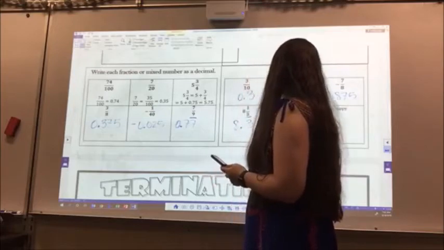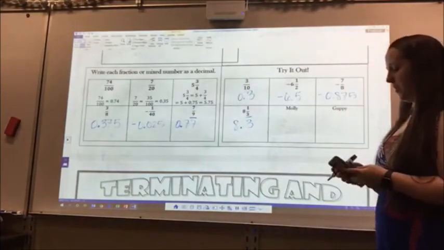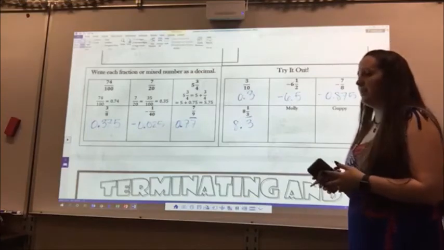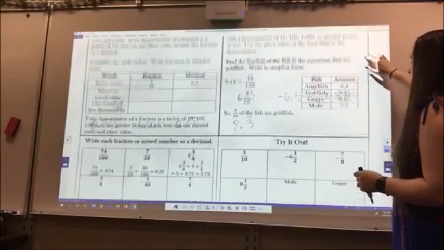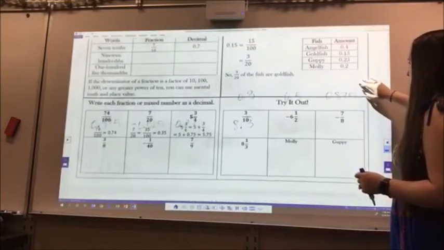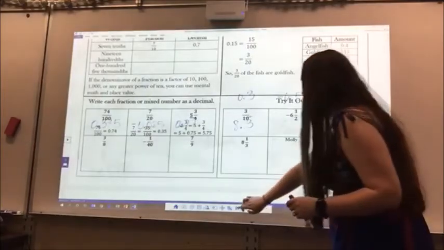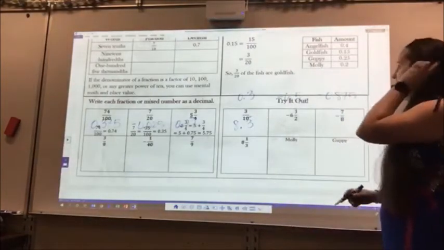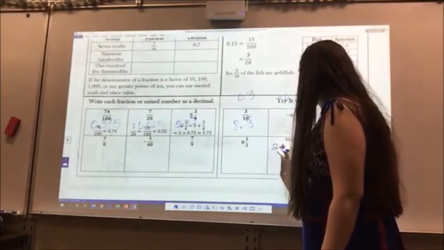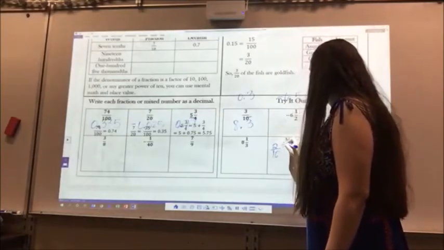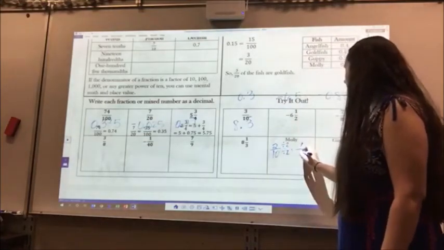So that's 8.3 repeating. Okay. The next two I have are Molly and Guppy, and they want me to change the decimals that are given for those into fractions. All right, so a Molly is 0.2. So I'm going to change that to a fraction. So 0.2 or 2/10 is 2/10, and I divide both of these by 2. 2 divided by 2 is 1, 10 divided by 2 is 5.